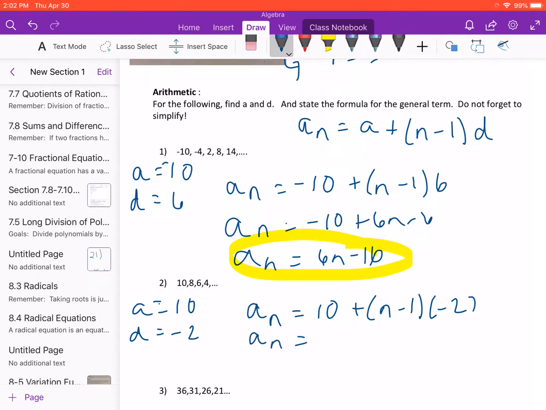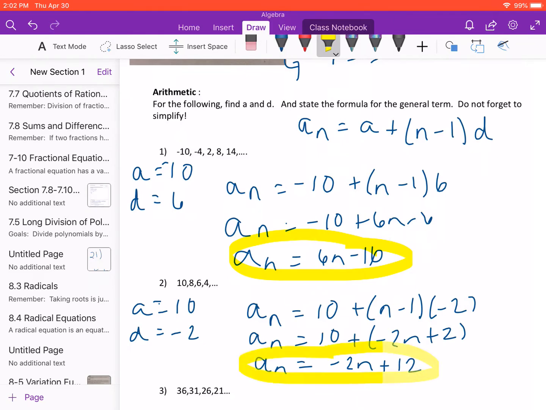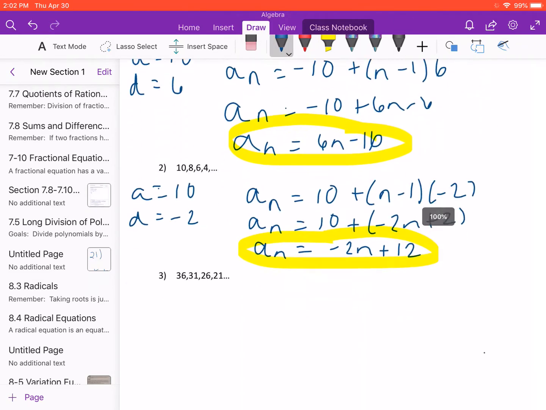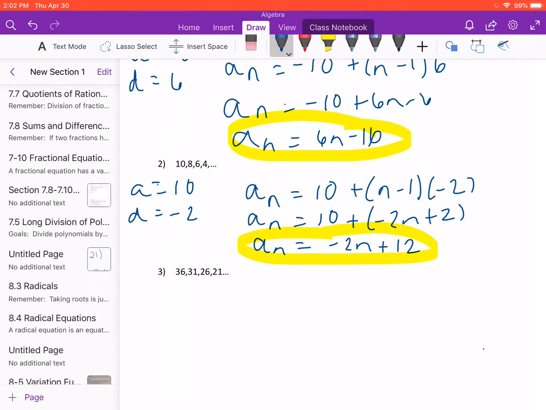Go ahead and simplify. We have 10 plus negative 2n plus 2. We can simplify one more time. A sub n equals negative 2n plus 12. And if we wanted to, we could plug in a value there to find the number in the sequence, which we're going to do after this next one.